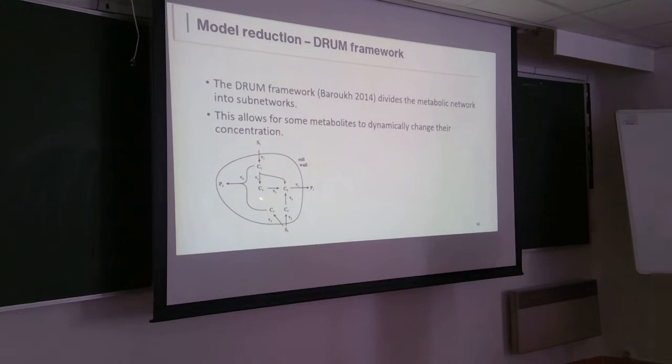For example, here we could assume that C4 would accumulate. Then you're going to have some elementary flux modes: S1, C4, and then C4, P1.